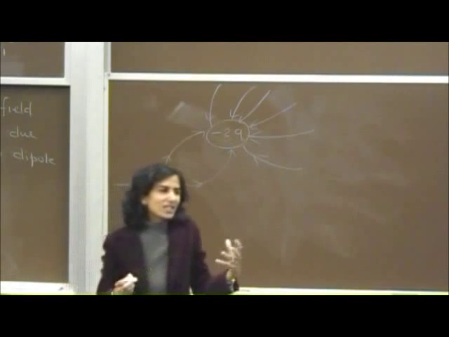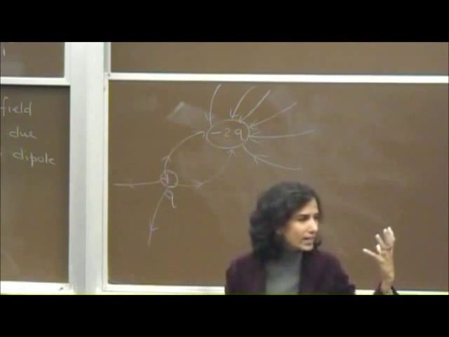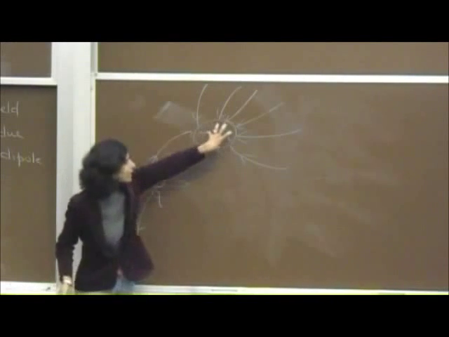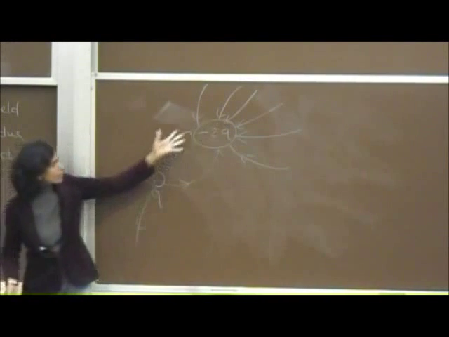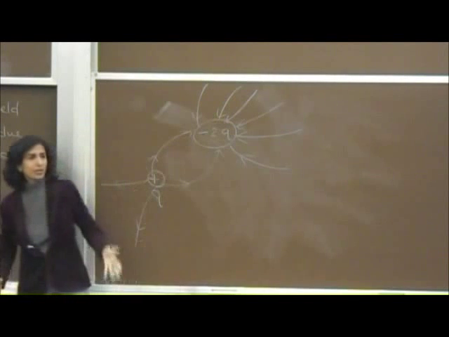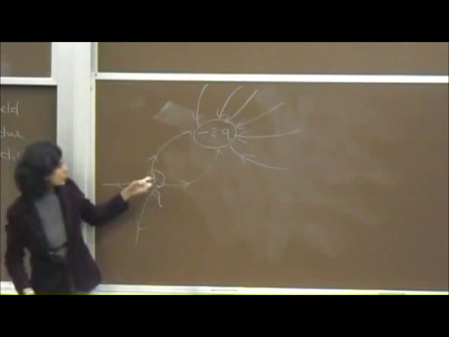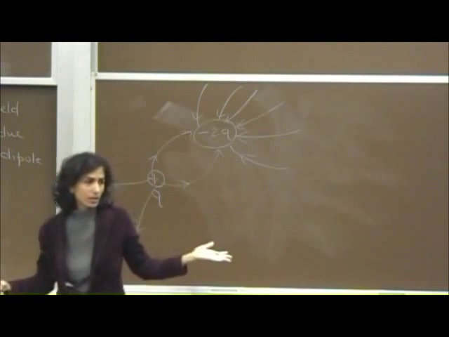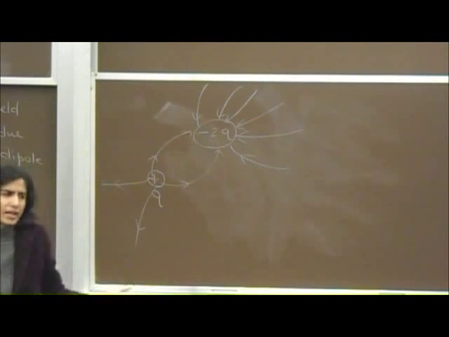But the point is, this is just a schematic thing that gives you an idea and tells you, hey, this thing is twice as strong as this, and that's why I'm drawing more lines here than this. But if your friend wanted to draw 16 lines here and 32 electric field lines there, there's nothing wrong with it, because it's just a representation anyway.